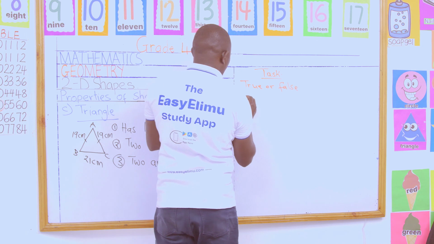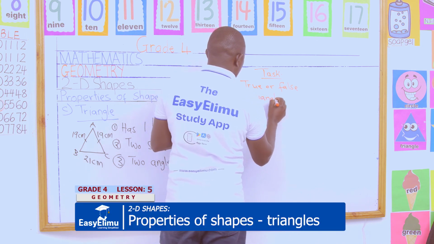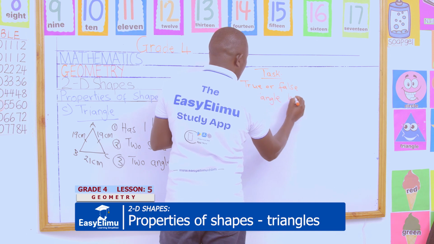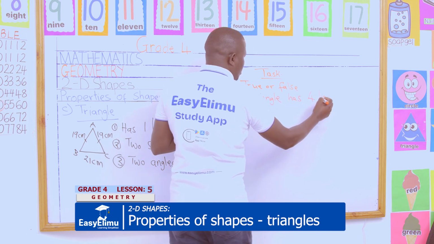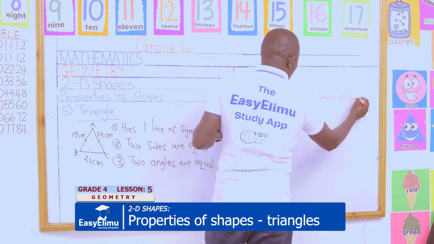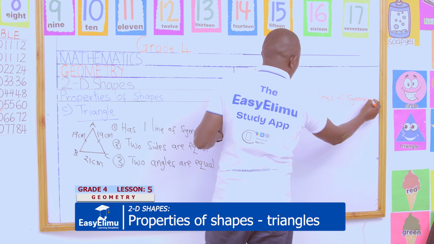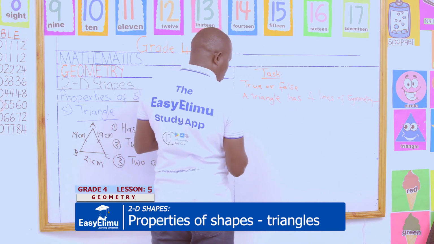Question one: a triangle has four lines of symmetry. Is it true? Is it false? You answer whether it is true or false.